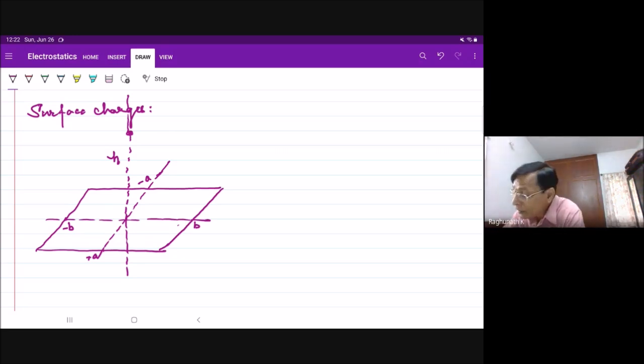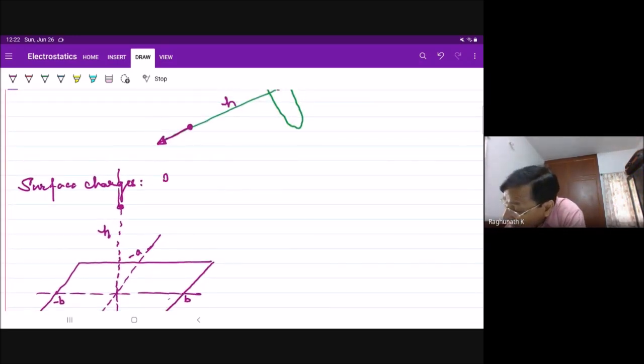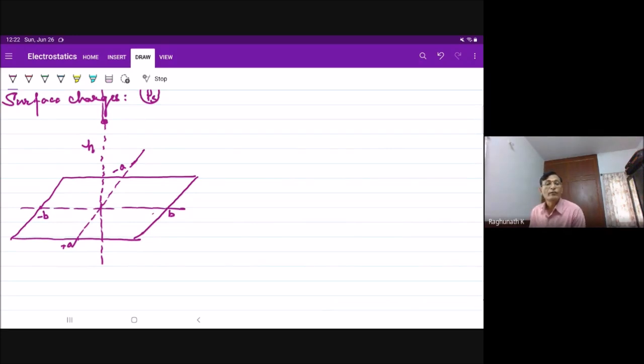Here, the surface charge density rho s is given. The surface is on the xy plane, extending along x from minus a to plus a, along y from minus b to plus b.